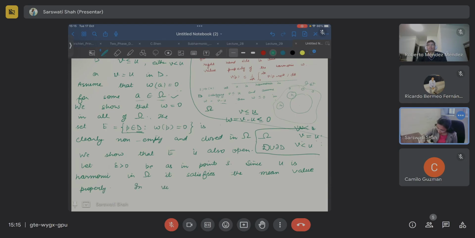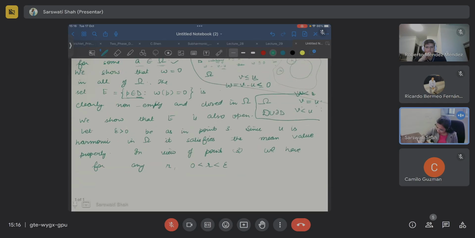So in view of point 3, for any radius r lying between 0 and epsilon, W of P equals 0, which is V of P minus U of P, and it will be less than or equal to 1 over 2 pi, integral from 0 to 2 pi.